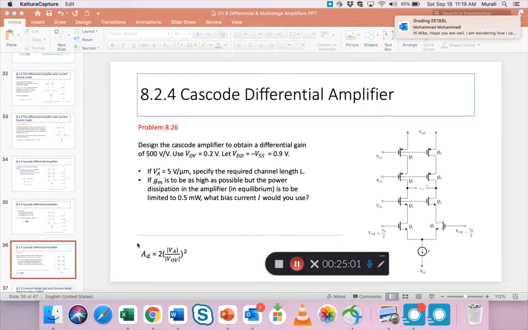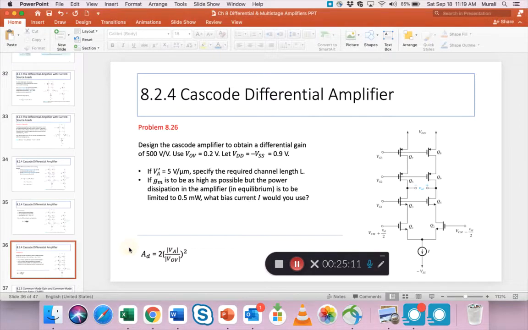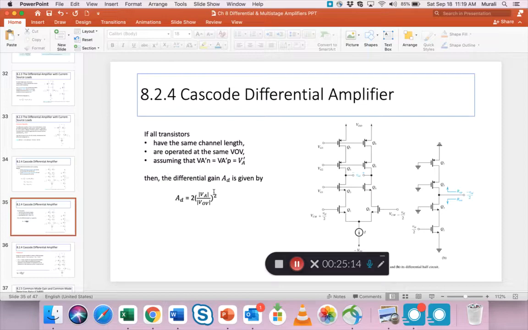Now there is one formula that we have talked about. I think I've shown that in the previous slide, which is this.